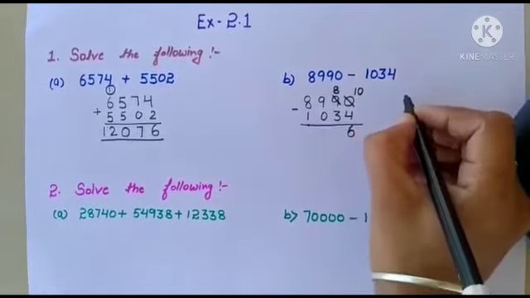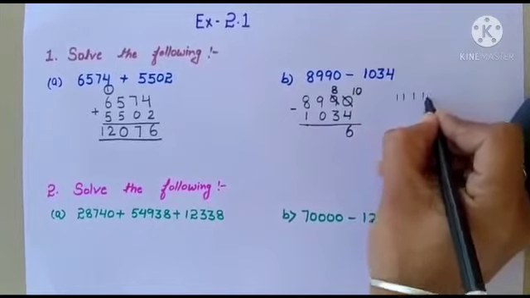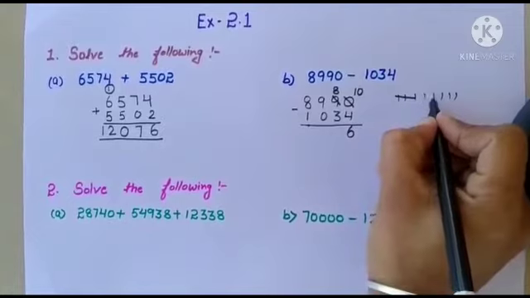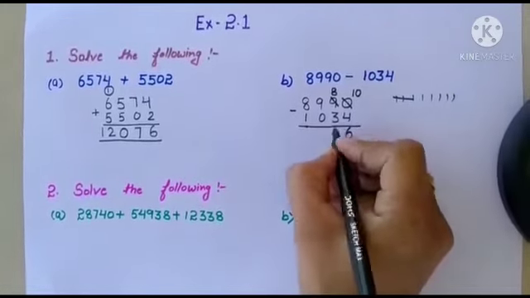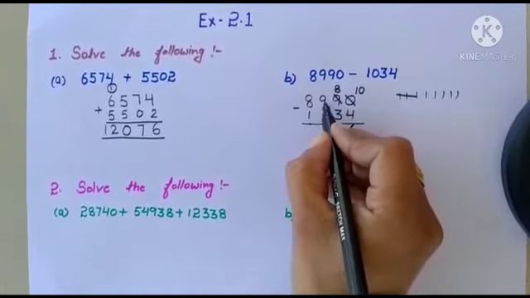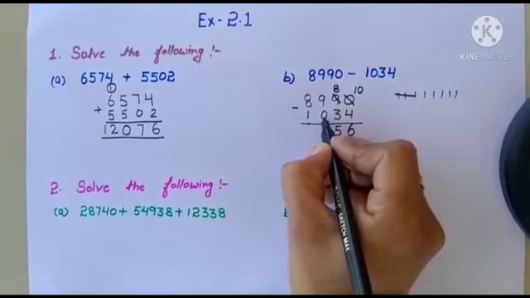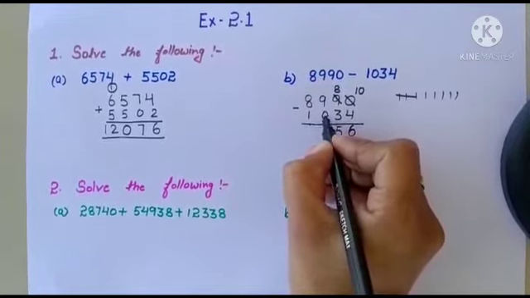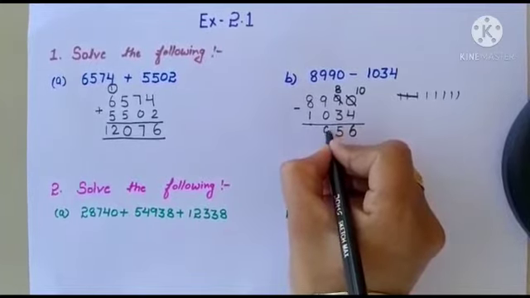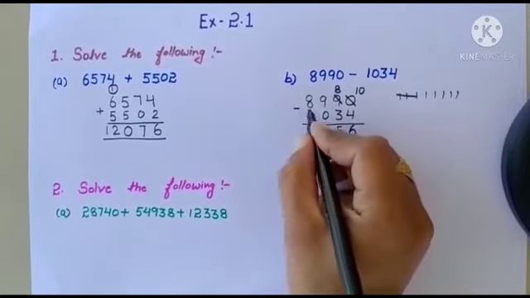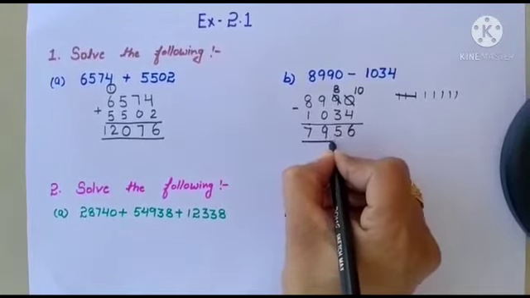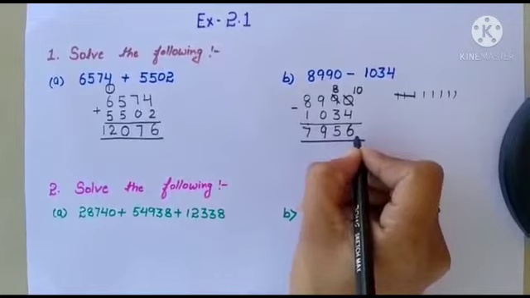If you don't know, count like this: 1, 2, 3, 4, 5, 6, 7, 8, cut 3: 1, 2, 3, 4, 5. 5 is there. After that 9 is there. Down it is 0. From 9 no digit will be subtracted, so our answer will be 9. 8 minus 1, 7. So our answer will be 7956.